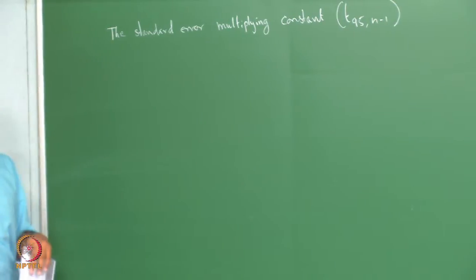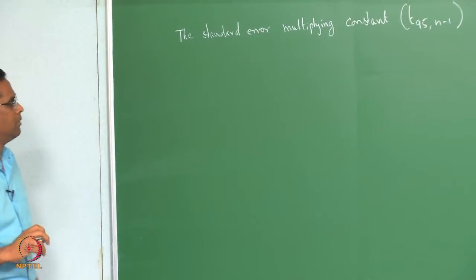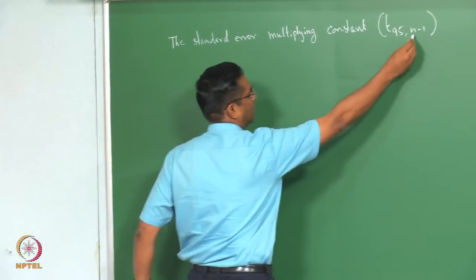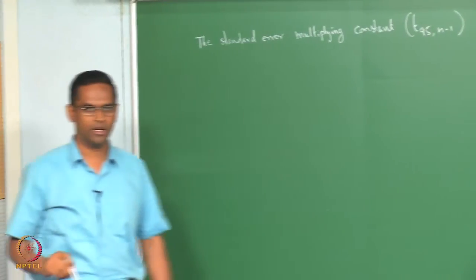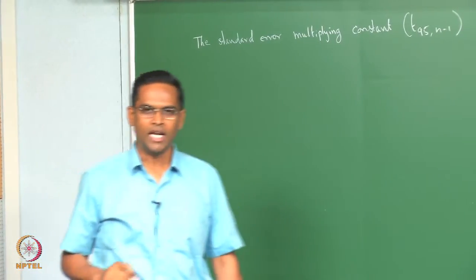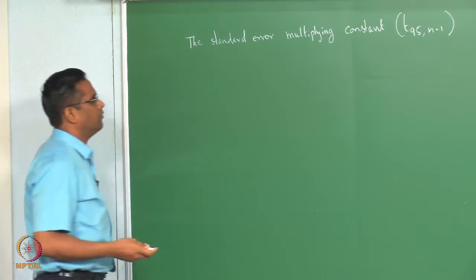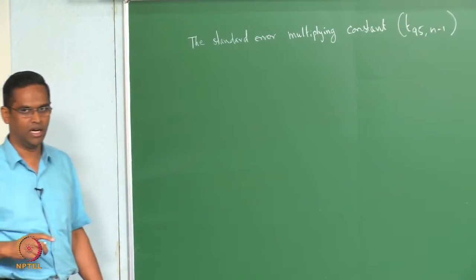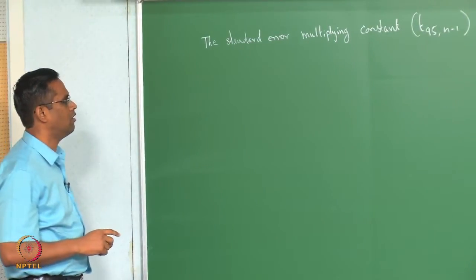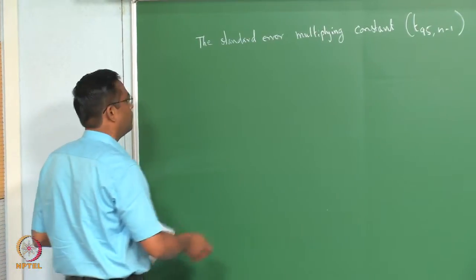So, I have introduced a term, the standard error multiplying constant T 95 n minus 1, where 95 means we are looking at the data, a random data, for 95% confidence level, and we would like to look at the significance of this. Though I introduced this, I did not talk about it at length. So, let us look at the significance of this.